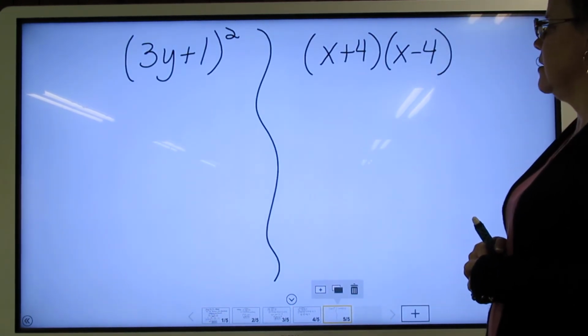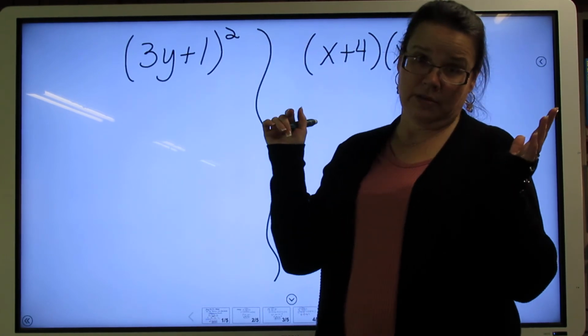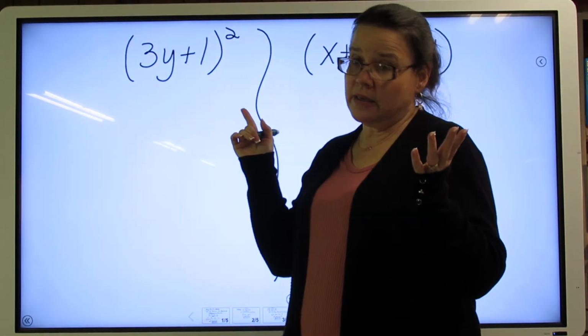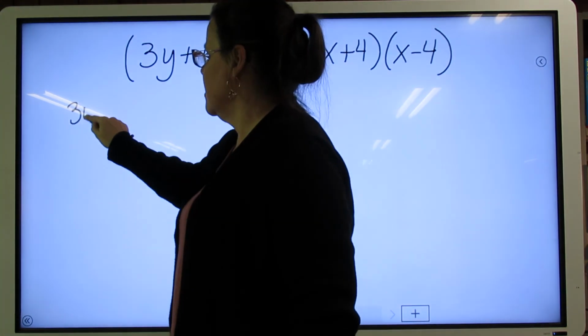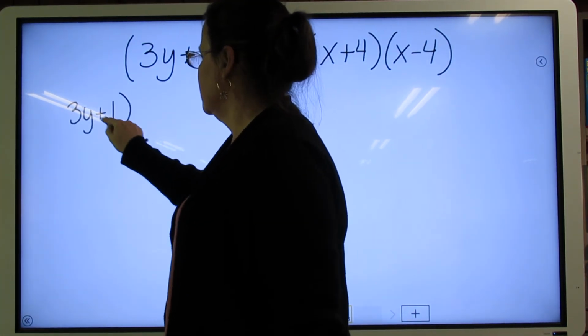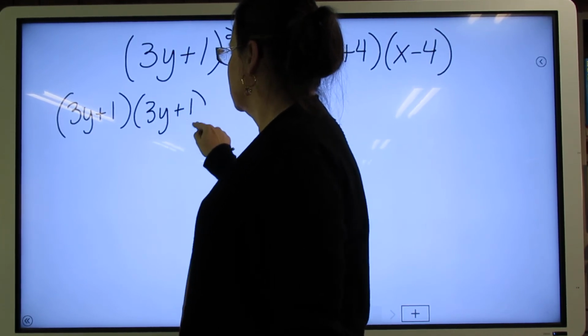Another case scenario that I put up here is when you have 3y plus 1 squared. Well, technically, you're going to multiply this twice. You're going to do 3y plus 1 times 3y plus 1.